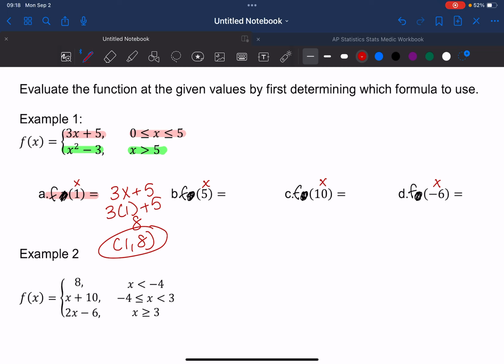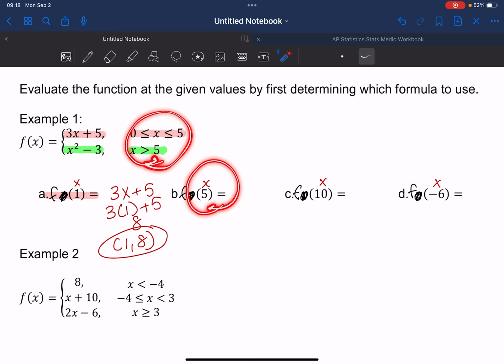Okay. Now I'm going to look at the 5. So I need to see where 5 fits on the domain. Well, the first one is 0 to 5, including that 5. So we know it's going to fit on the pink. But let's just check the green just to be sure. This says x is greater than 5, but not included. So 5 is not greater than 5.